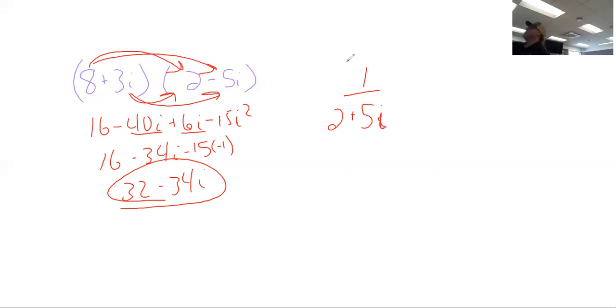So, to get rid of that on bottom, I have to multiply both the top and bottom by its conjugate. So I go 2 minus 5i, 2 minus 5i. Well, when I multiply the top, that's just 2 minus 5i. Gosh darn, I'm having a rough time today.